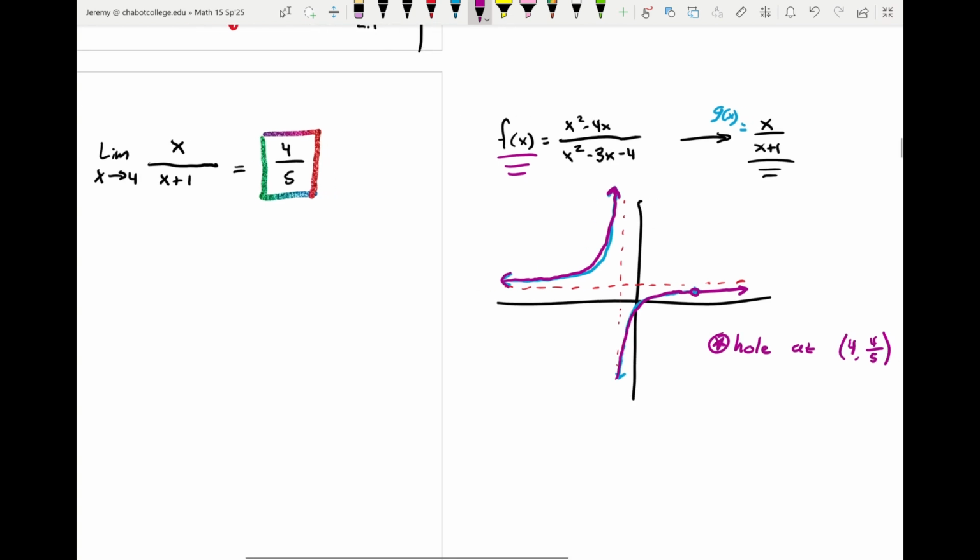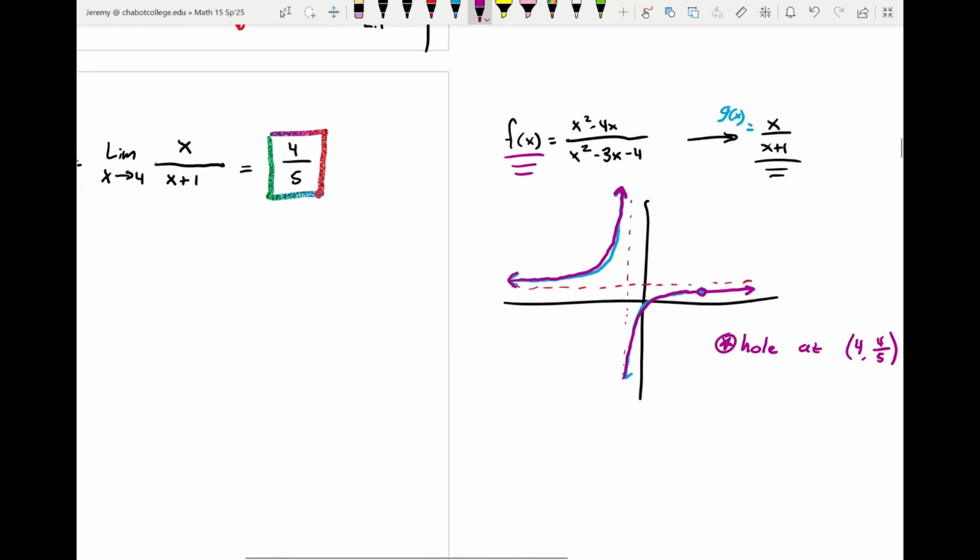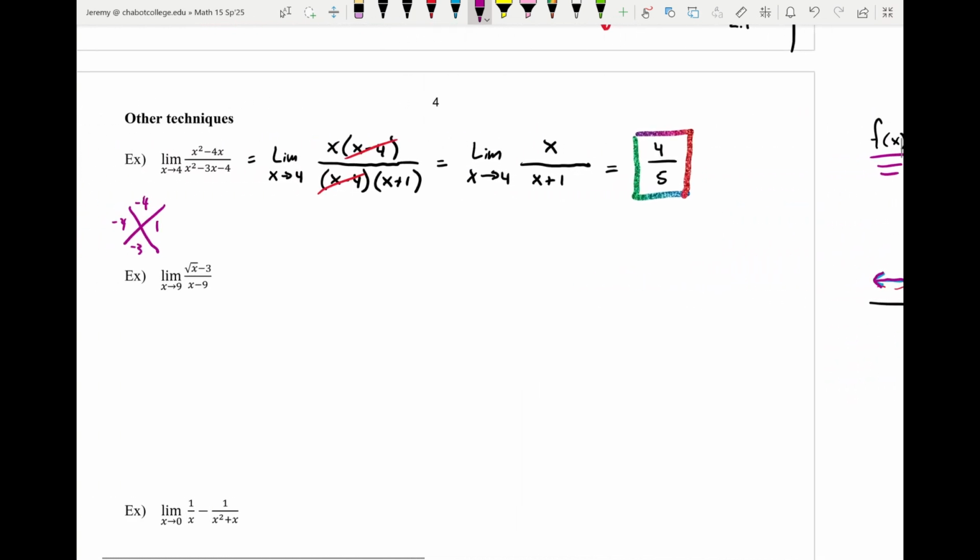So here's what's really interesting about this problem is at this point in our work here, we made this step where we canceled out x minus 4 in the numerator and denominator, and we put an equal sign here, right? And then just rewrote the limit again without those two factors.